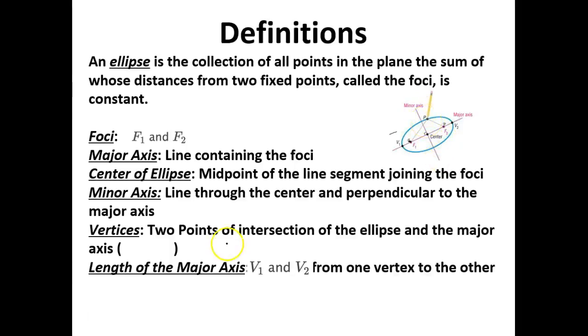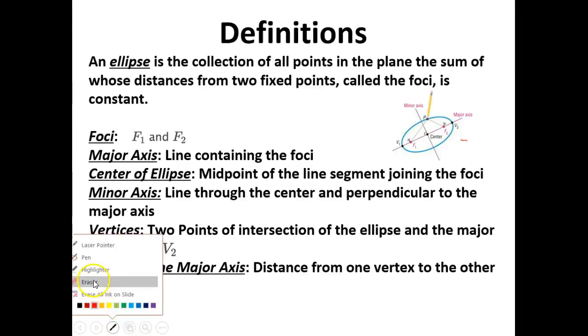The vertices are the two points of intersection of the ellipse on the major axis. So wherever it intersects on the major axis, those are the vertices. And then the length of the major axis is the distance from one vertex to the other.